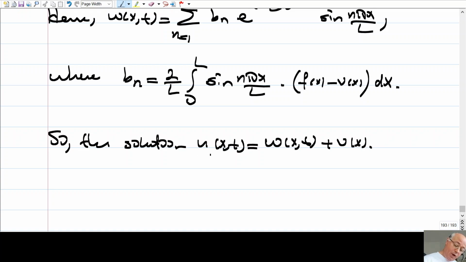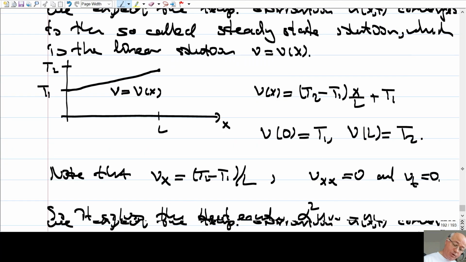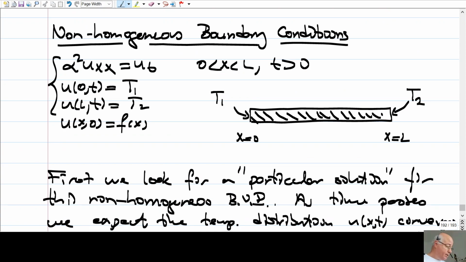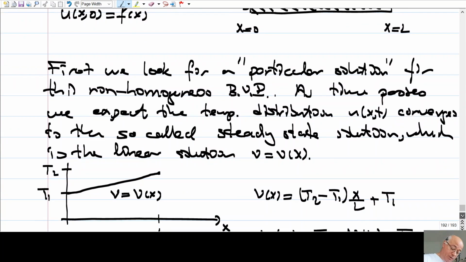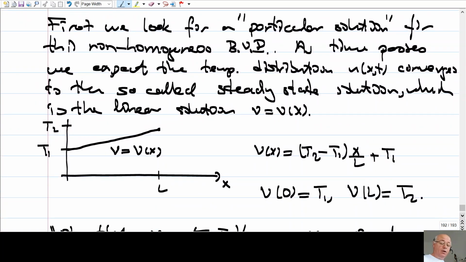So, what we have obtained is the following. Let me just go over. If I want to solve this equation, this is just the heat equation with non-trivial, non-zero boundary conditions. Then what we do, we first write down the steady state solution. Actually, this is just the solution U when t is very large. You start this experiment, and 10 years later, the temperature distribution will be like this.